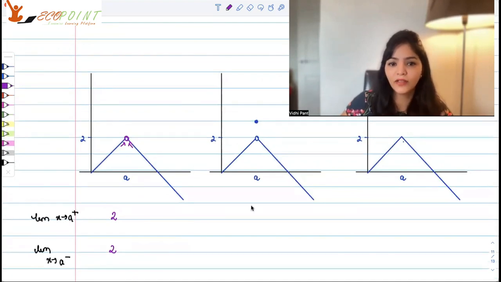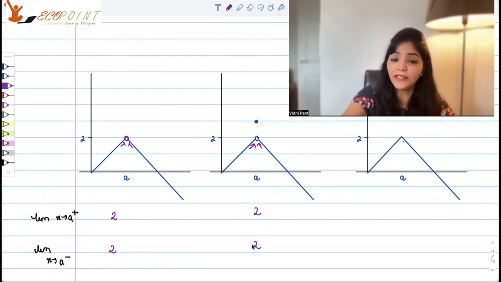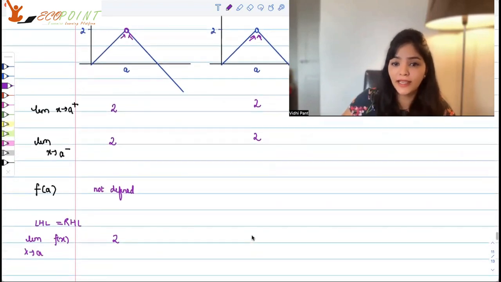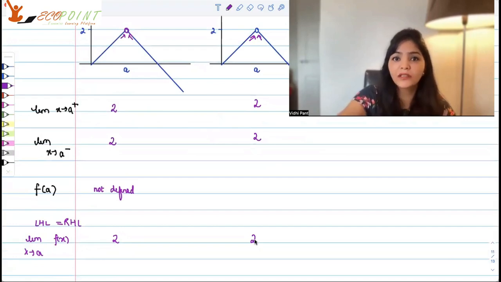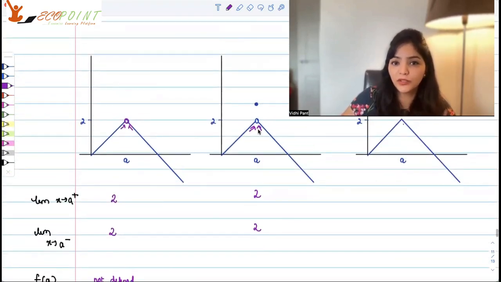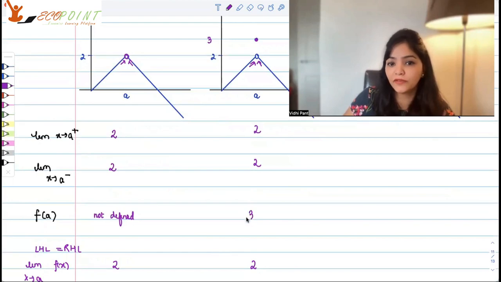In the second graph, the right-hand limit, again, from the right of a, f seems to be approaching 2. From the left of a, f seems to be approaching 2 again. So 2, 2, which means my right-hand limit and left-hand limit are the same, and hence the limit of the function at this point a is 2. The difference between the two graphs is that we are defining the value of the function at this particular point a, and that has been defined as 3, which is different from the limit.